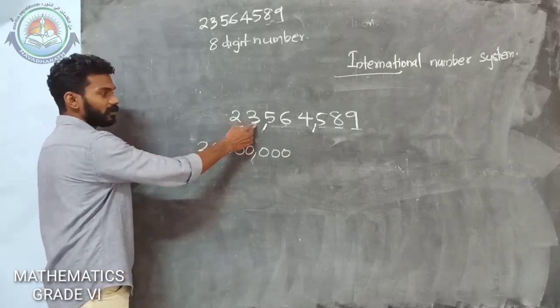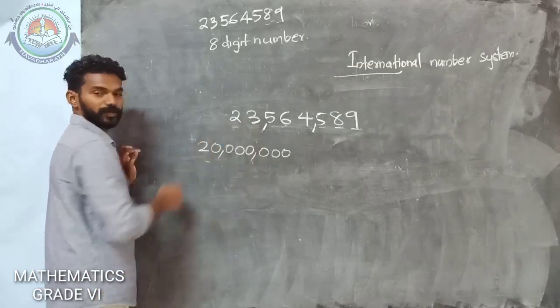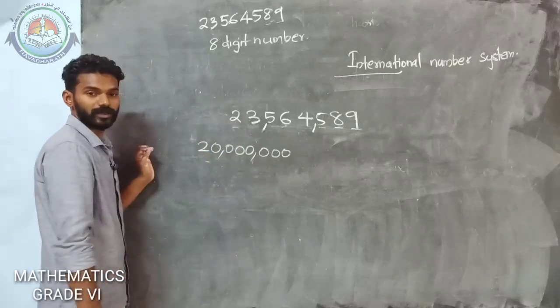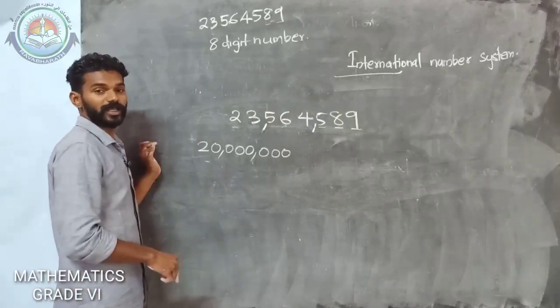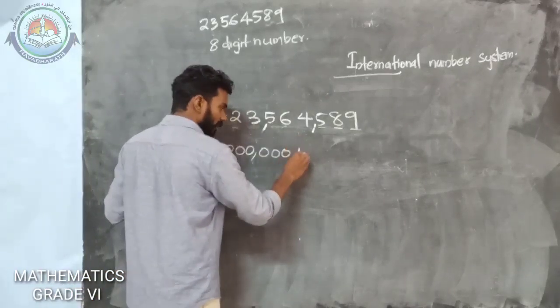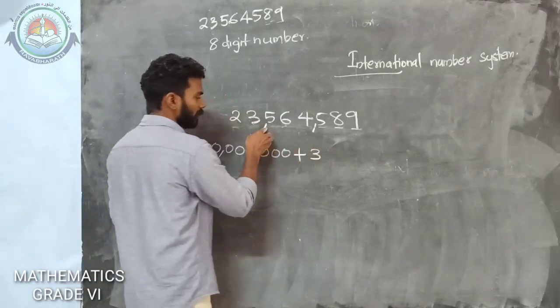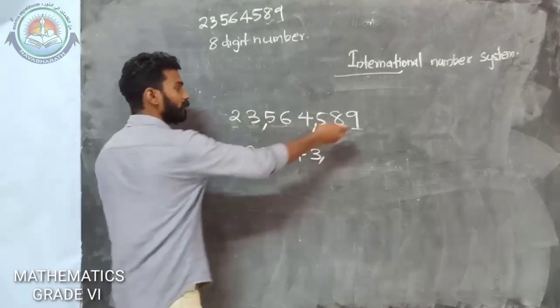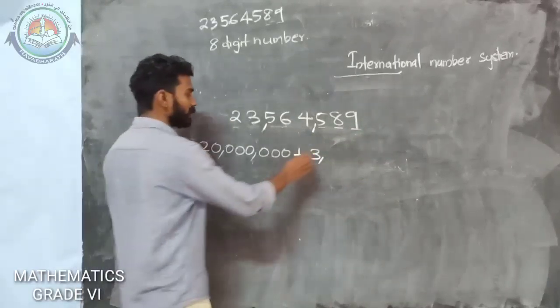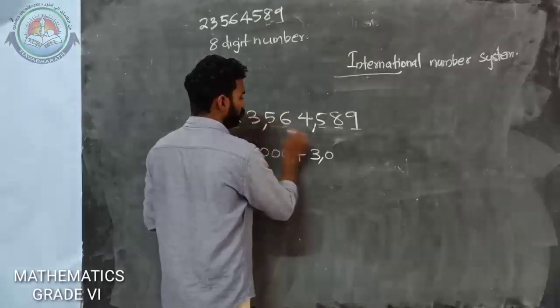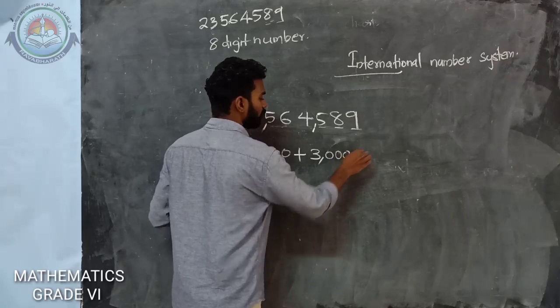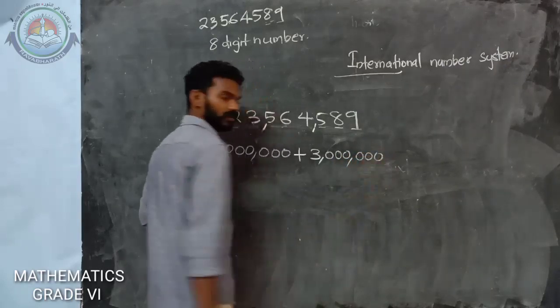So what is next? The millions place, which is 3, which would represent 3 million. How can you write? After putting a plus, you can place the digit 3. Thereafter a comma. All the remaining digits would be replaced by 0. 3 zeros, thereafter a comma, again 3 zeros.